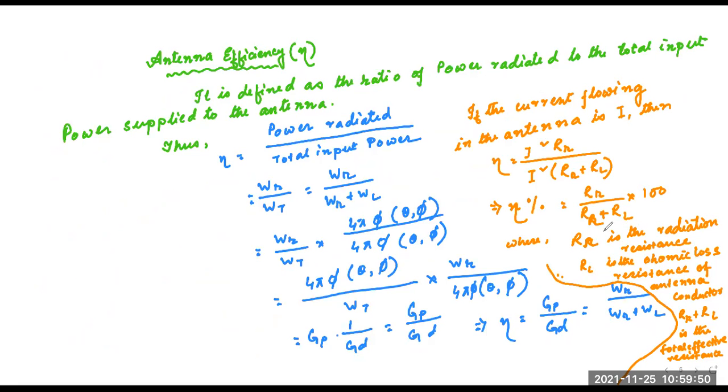Next, we calculate the efficiency of the antenna, where we calculate the efficiency as the power dissipated by the total input power. I do the derivation and get that GP by GD for efficiency, that is equal to WR by WR plus WL.